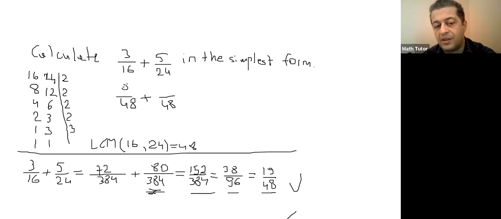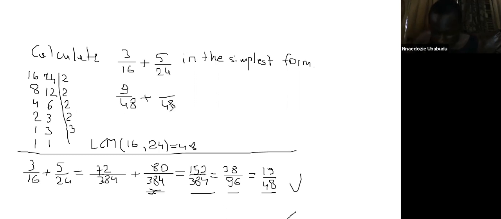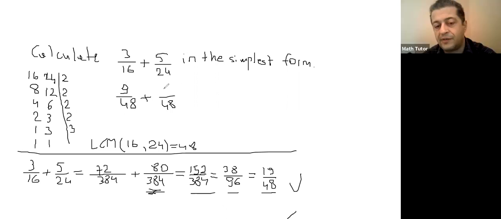So we have 3 times 3, it is 9. We had 24 times 2 is 48, and 5 times 2, it is 10. And we have 9 plus 10, it is 19 divided by 48. So we got the same result as here, but in a much easier way.